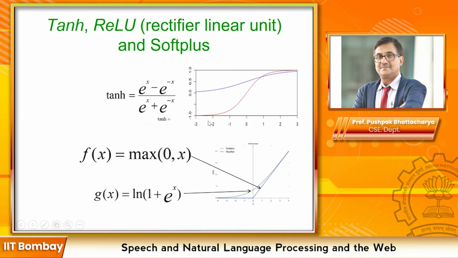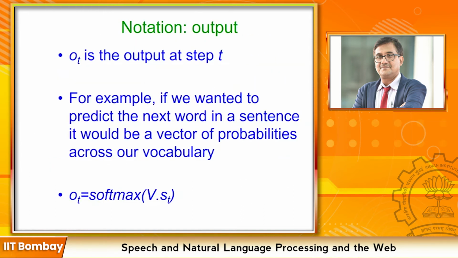So what did I mean by a vector of probabilities across the vocabulary? Suppose I say, "I like to watch", and this is a language modeling problem. I have to give the next word. The next word can be many things. "I like to watch a" and the next word: movie, game, drama, play, so many possibilities.